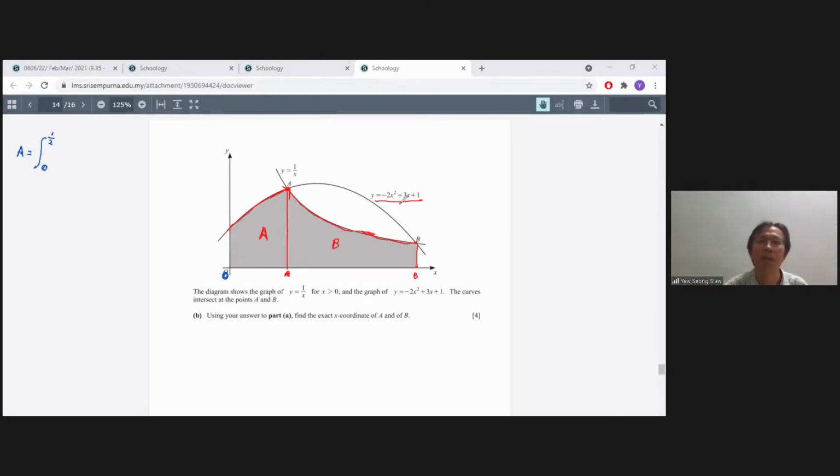Then use the curve, negative 2x squared plus 3x plus 1. Integrate. The second graph, starting from half, continuing from here.